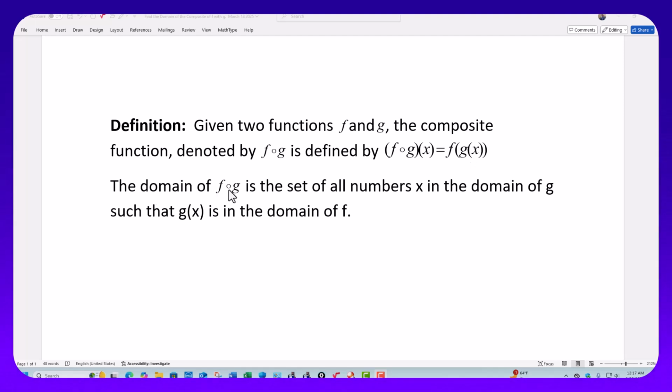And the domain of the composite function f circle g is a set of all numbers x in the domain of g, such that g of x is in the domain of f. So it's a set of all numbers x in the domain of g, such that g of x, that is the range of the function g, has to be contained in the domain of f.